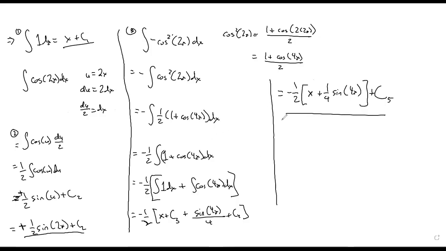And then we have our fourth integral. Okay, and we'll need a new sheet of paper for this. So our fourth integral was the integral of negative cosine cubed 2x dx.